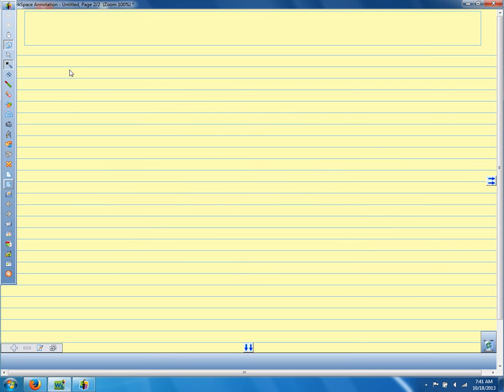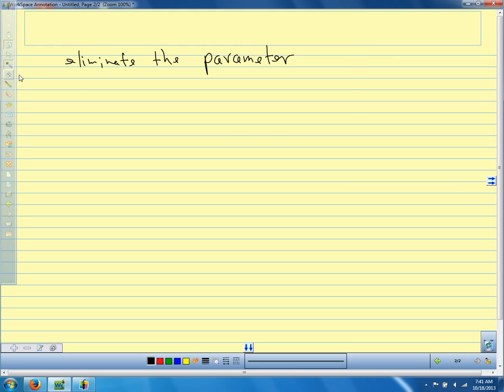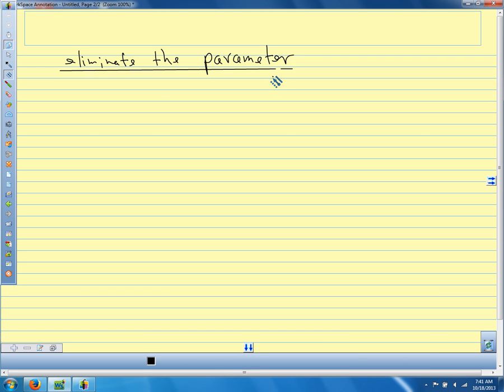That's the first thing we're going to talk about. The main purpose of eliminating the parameter is to help us sketch a graph of these functions. And we will get to the point where certain kinds of parametric equations we will be fairly familiar with, and when we see them, we'll know that the graph of that is a such and such.